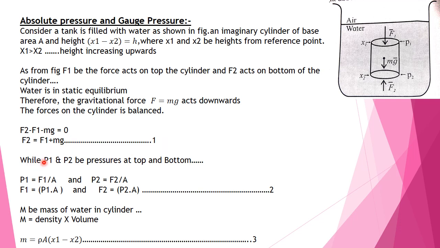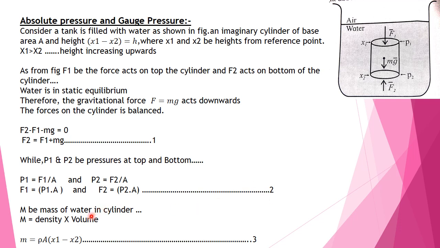While P1 and P2 are the pressures at the top and the bottom surface, as per the formula of pressure, P1 is equal to F1 upon A and P2 is equal to F2 upon A. Finally, F1 is equal to P1 into A and F2 is equal to P2 into A, equation number two.